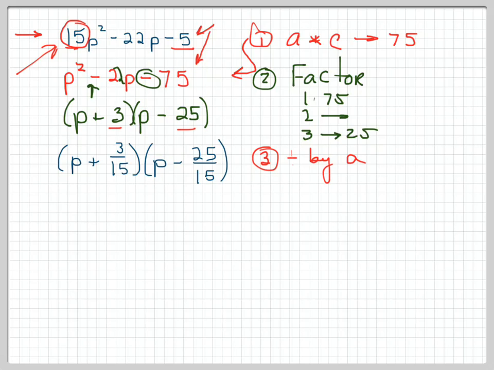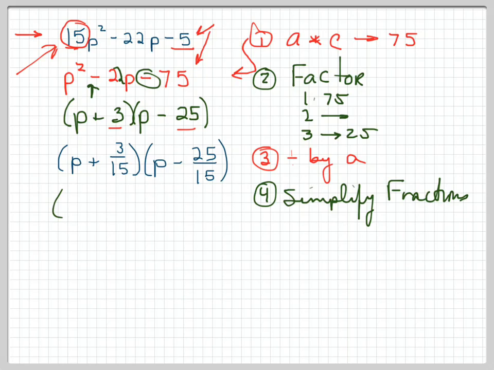So we've divided out the a value. If you want a fourth step here, we simplify those fractions. And so we're going to have P plus 1/5, because 3 and 15 are both divisible by 3, and P minus 5/3.